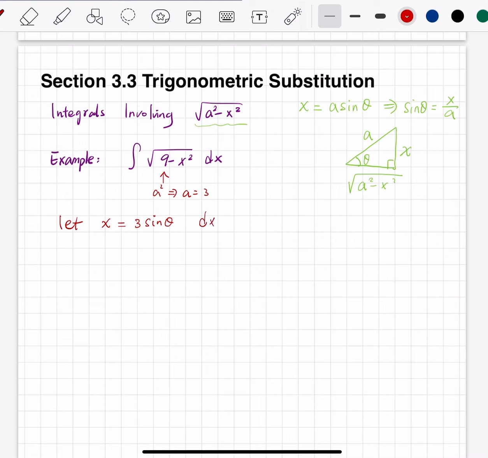Then dx is going to be 3 cosine of theta d theta. We replace dx with 3 cosine theta d theta, and replace x with 3 sine theta, so x squared is going to be 9 sine squared theta.